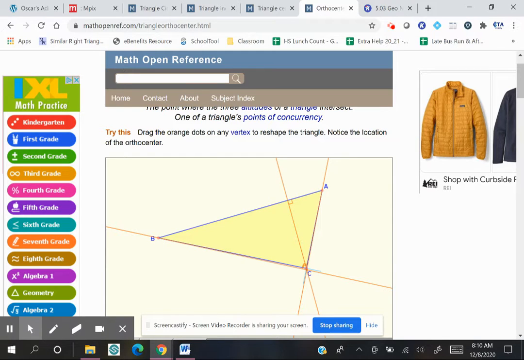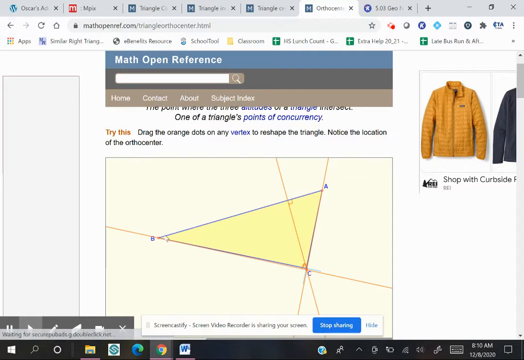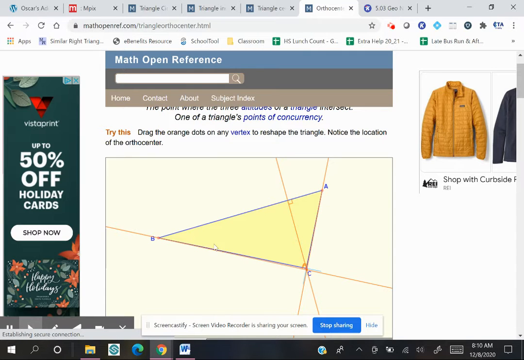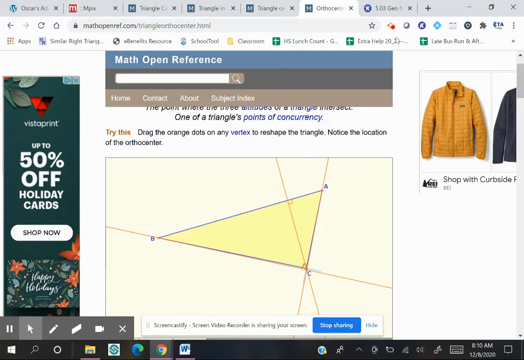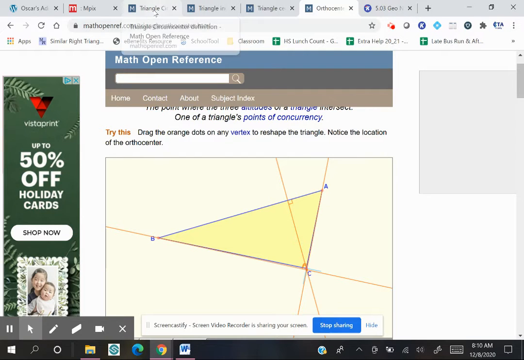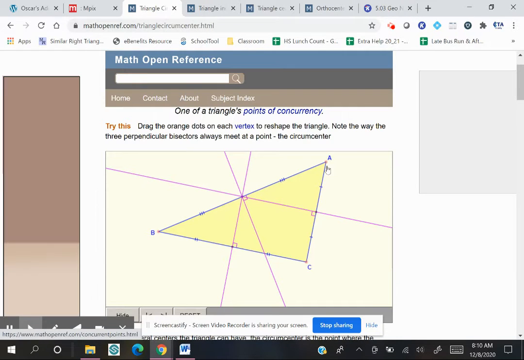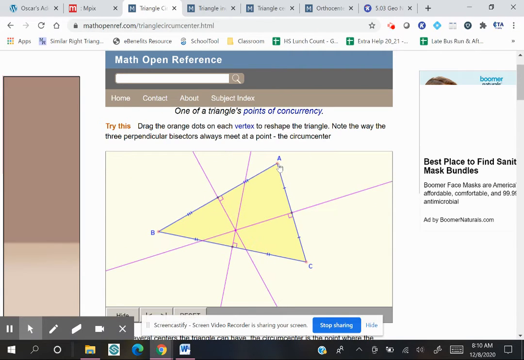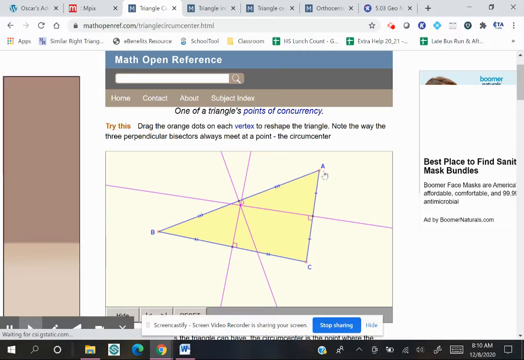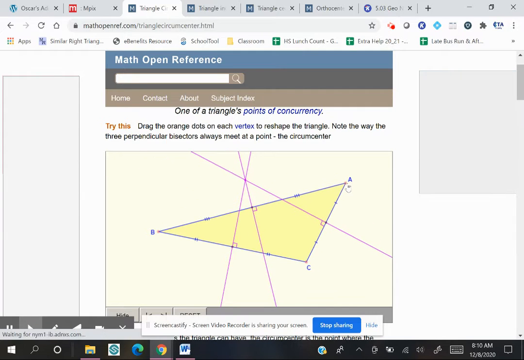And same thing when you're drawn from B to side AC, that altitude would also be on top of the triangle. So just like with our circumcenter, if it is an acute triangle, it's inside, if it's right, it's on, and if it's obtuse, then they would meet outside.